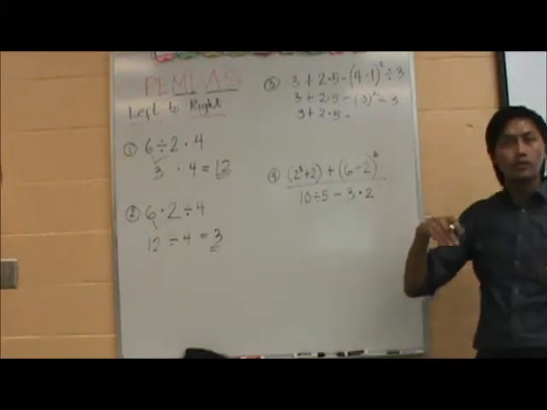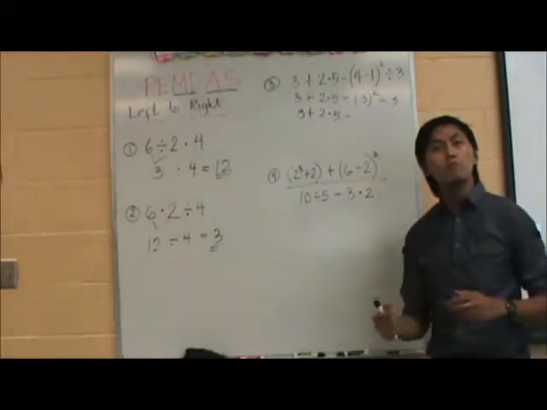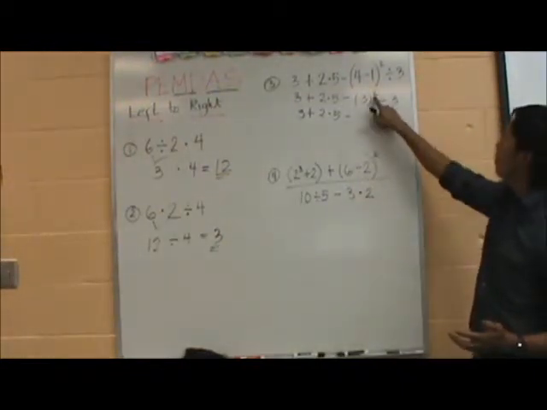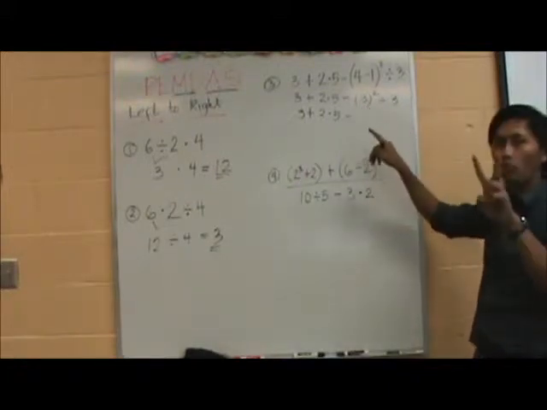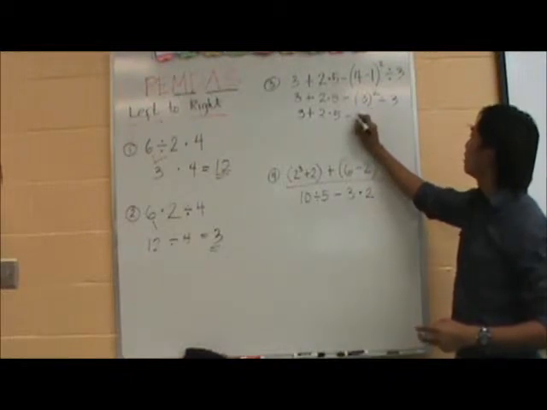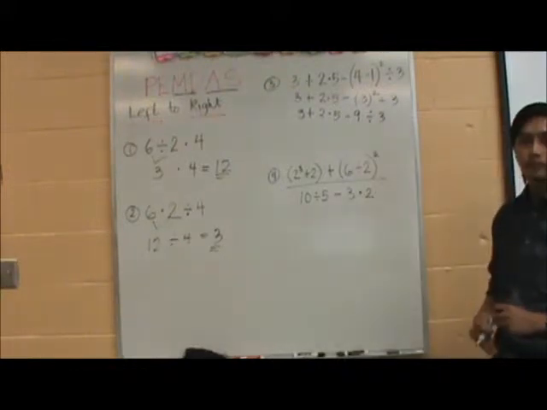You've got to remember, with 3 to the second power, the exponent tells you how many times you multiply the number by itself. Here we've got the exponent 2, which means we multiply 3 twice, which is 3 times 3 is 9, divided by 3.